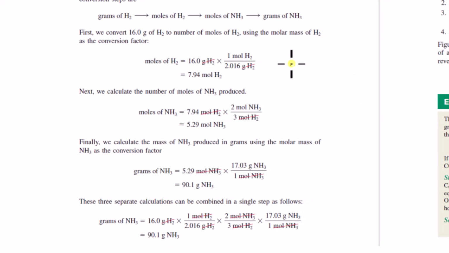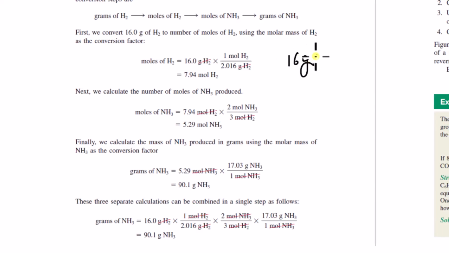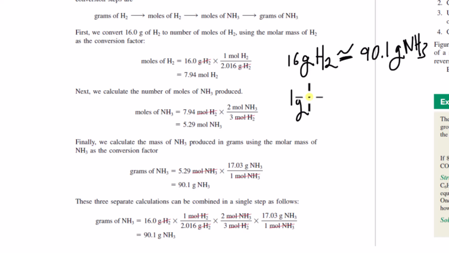Right, so since 16 grams of H2 were converted to 90.1 grams of NH3, you could say that in terms of stoichiometric equivalency of the amounts of these substances in grams, these two are stoichiometrically equivalent. Like if you divide both sides by 16, then 1 gram of hydrogen gas is stoichiometrically equivalent to 5.63 grams of NH3.